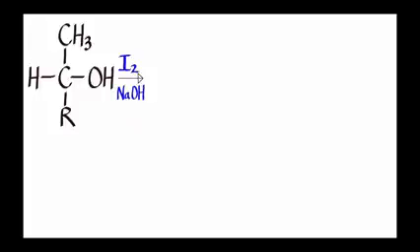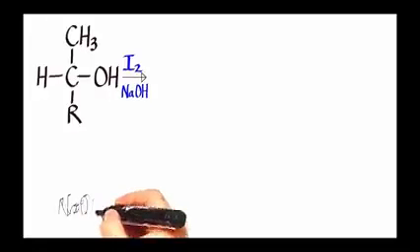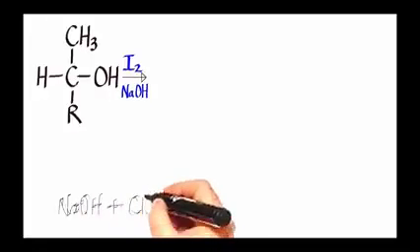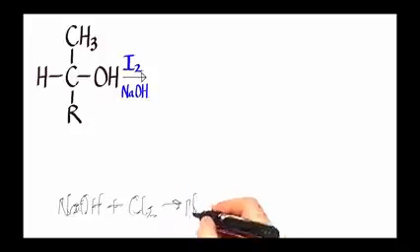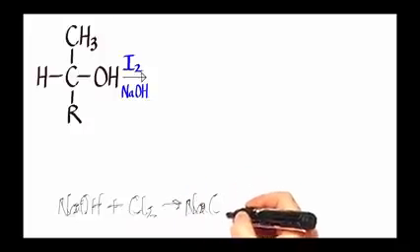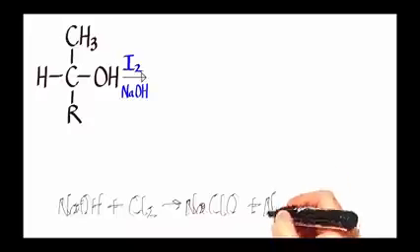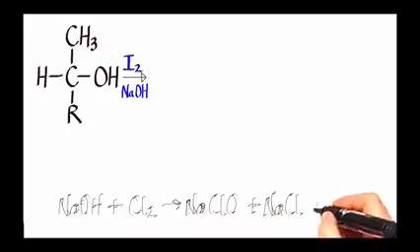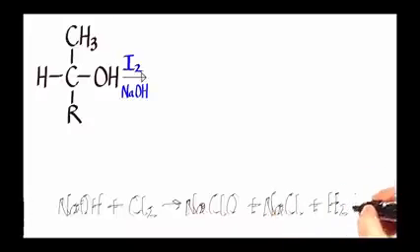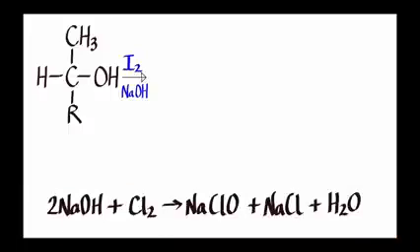Now, in the first step of this iodoform test, which uses iodine solution and sodium hydroxide, this is what happens. First of all, you'll probably be familiar with this reaction at the bottom here, the reaction between chlorine and a cold dilute solution of sodium hydroxide.